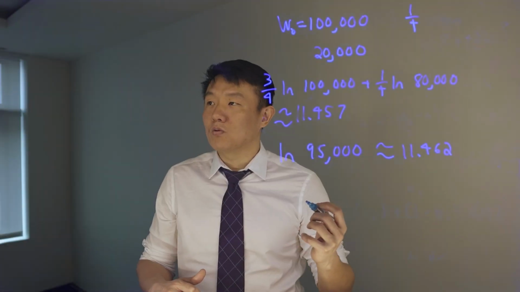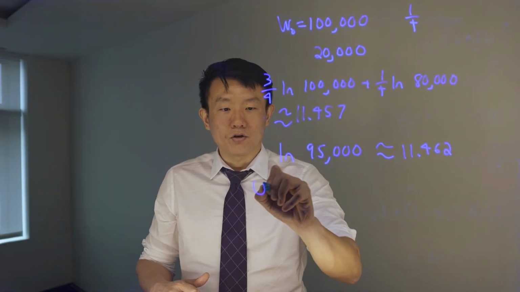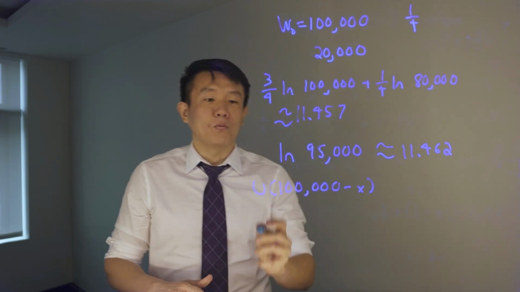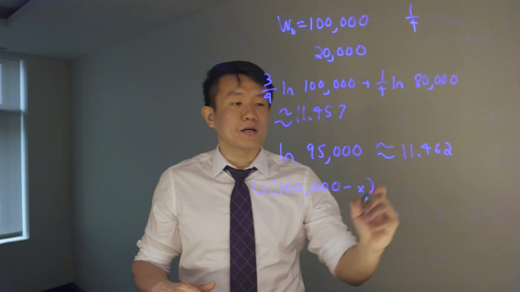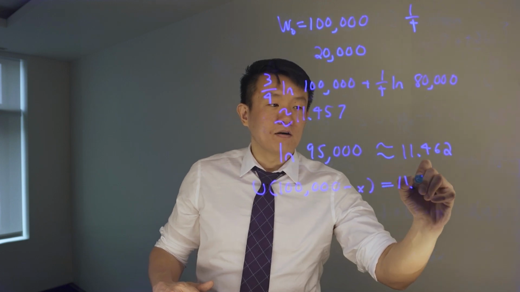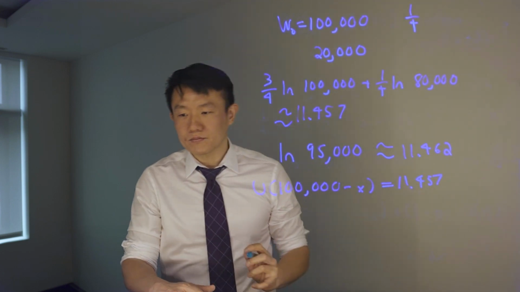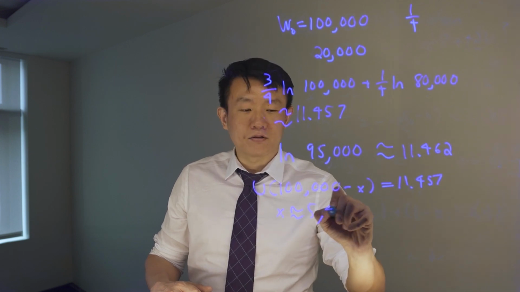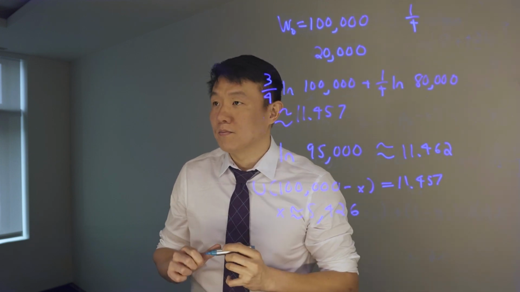So the certainty equivalent in this case, U of 100,000 minus X, we set this utility equal to the expected utility of no insurance. And we get that X is about 5,426.